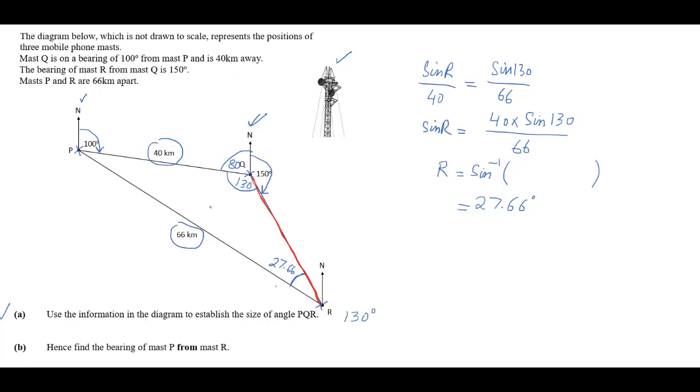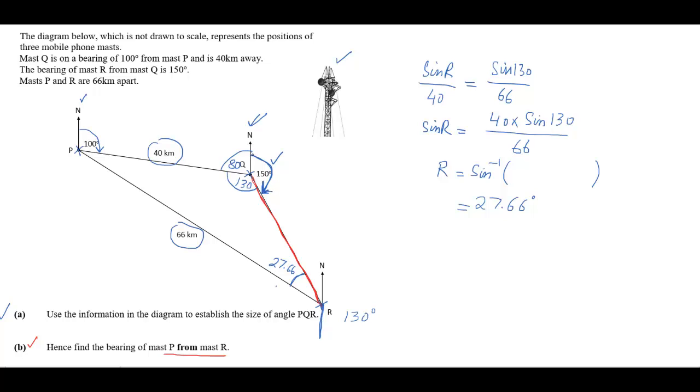Okay, students, to find the bearing of P from R, it is better to extend this north line downward. There are different ways to solve this part. Look at this angle, which is 150. It is from this north to this red line.